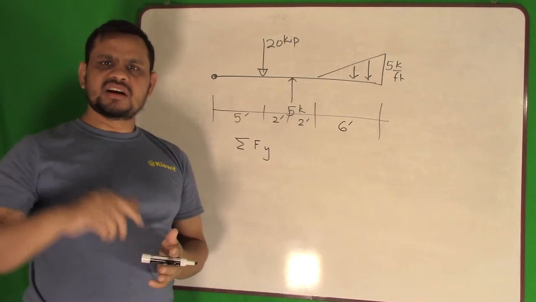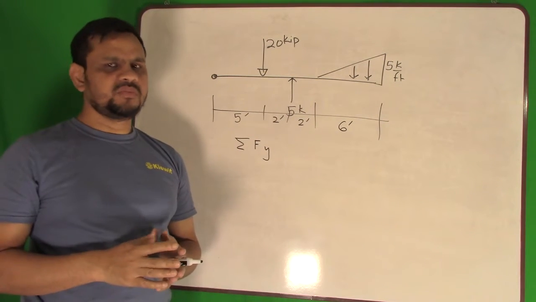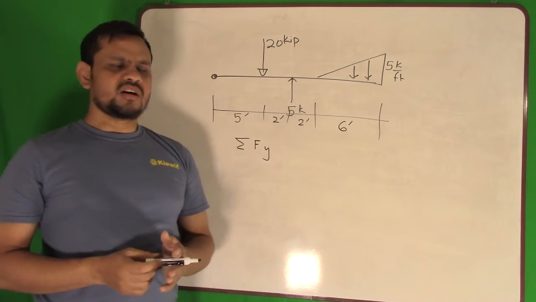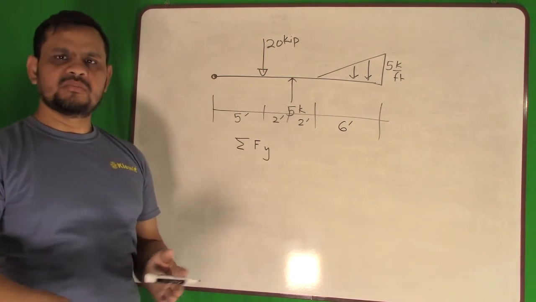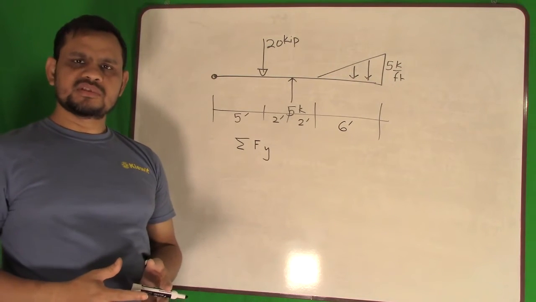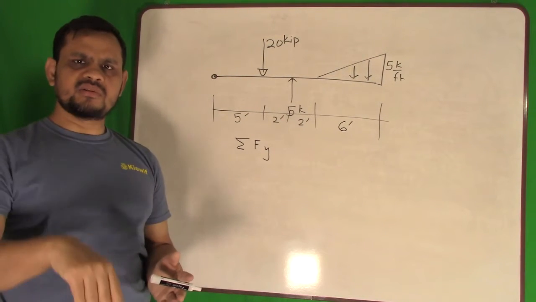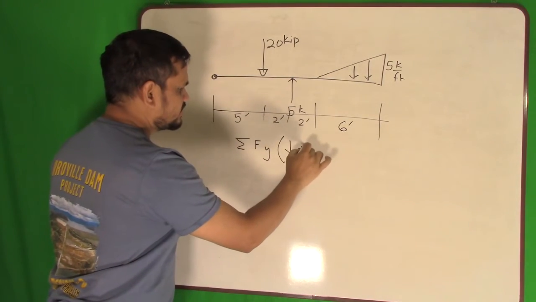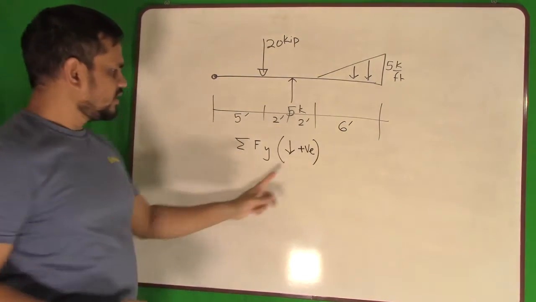Forces typically downward should be positive. Why? Because in engineering structures, most of the forces are downward, due to gravity. So I will assume my downward force is a positive force.